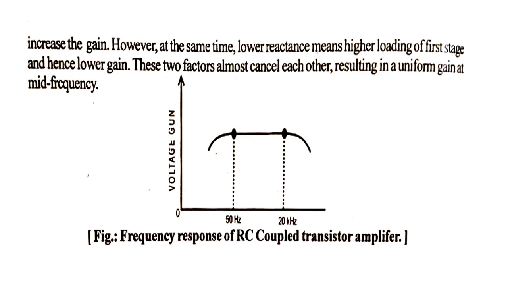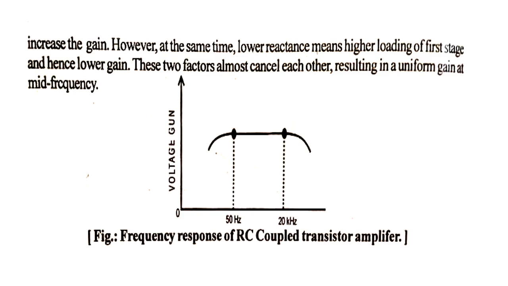At mid frequencies, 50 Hz to 20 kHz, the voltage gain of the amplifier is constant. The effect of the coupling capacitor in this frequency range is such as to maintain a uniform voltage gain.